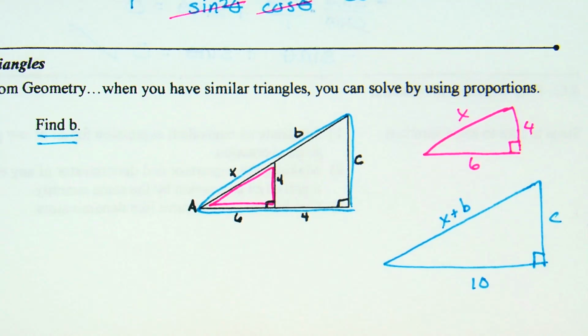So I would do 4 over 6 equals c over 10. Now, here's my question. Do I have to know c? No, but the way I was going to do it was I was going to find c. You can do the Pythagorean theorem to find x. And I was going to find c with the Pythagorean theorem, and find b that way.